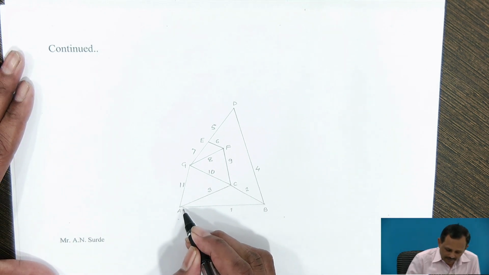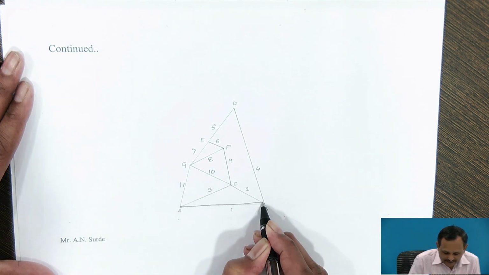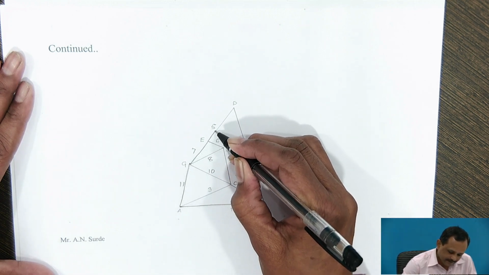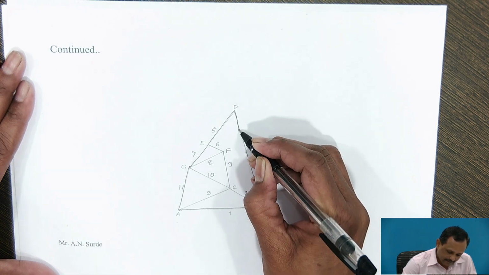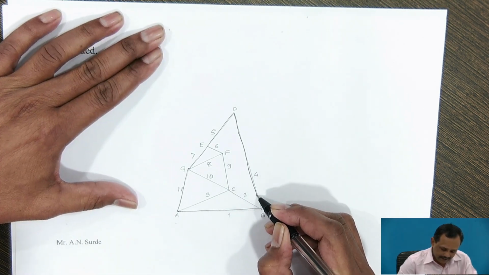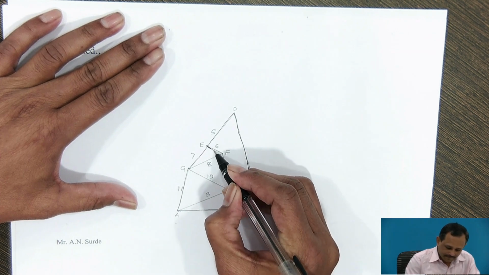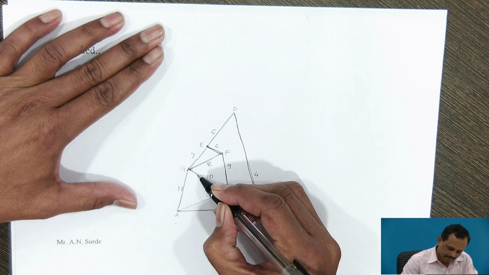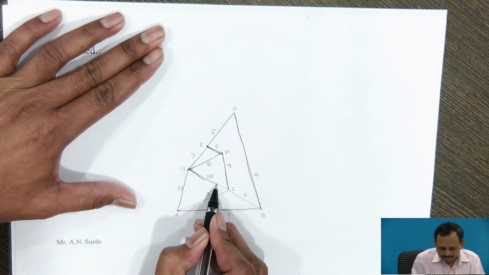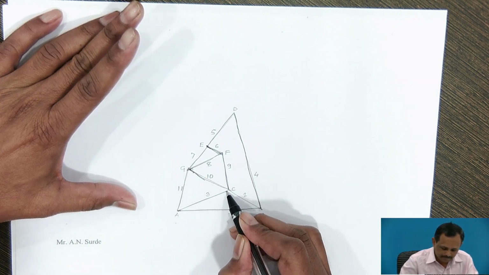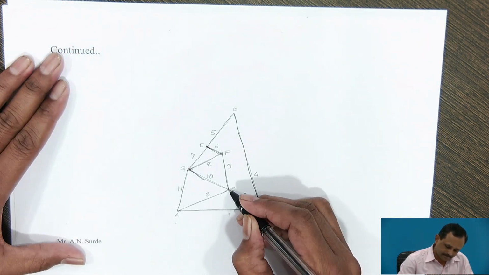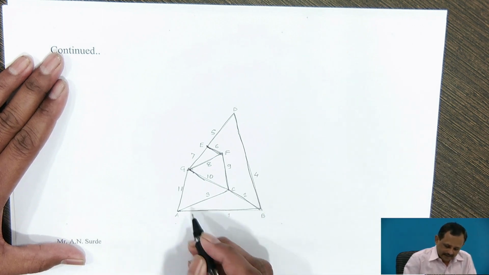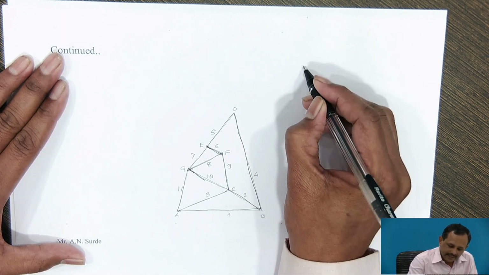Therefore, we will see the connection of various links in this diagram. The various links are connected at points A, B, C, D, E, F, and in this case the number of links is 11.